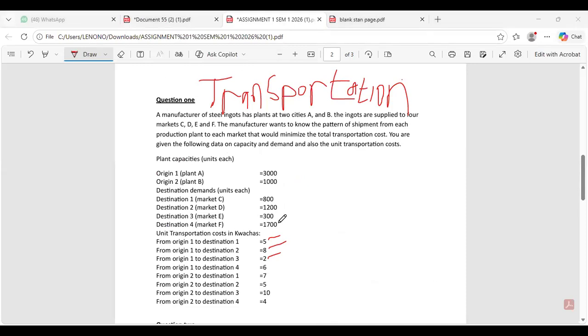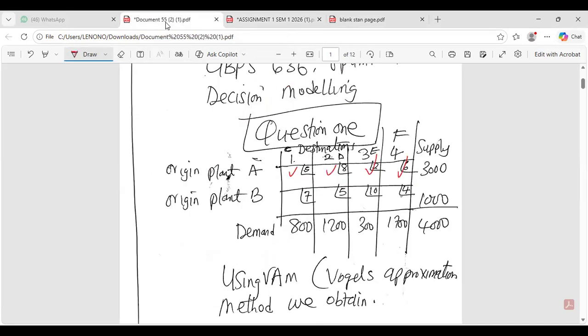All right. And then we get to the other one. Origin 2, destination 1 is 7. Origin 2, destination 2 is 5. Just like that. So we have this information here.